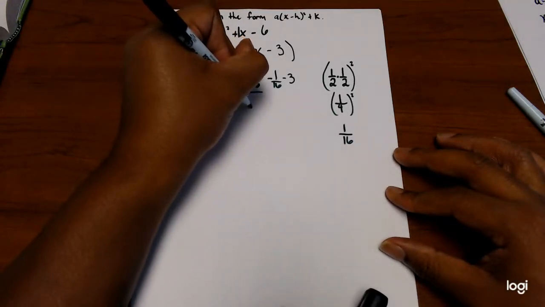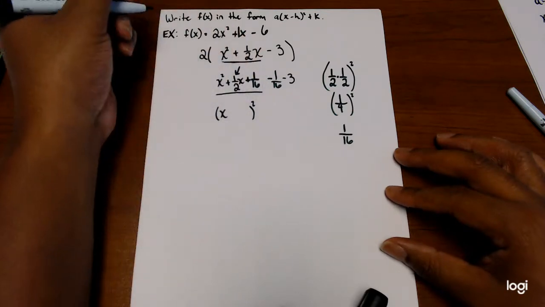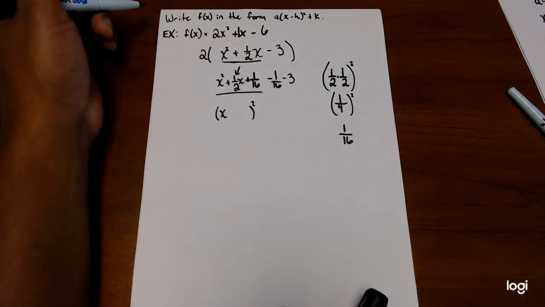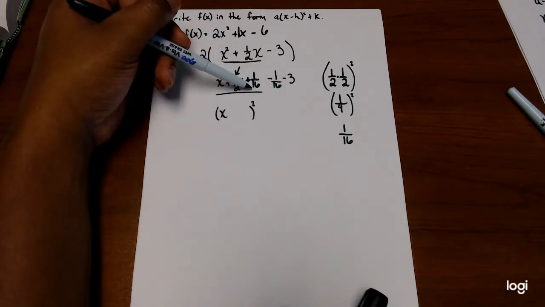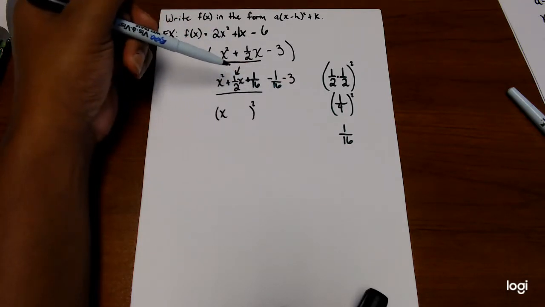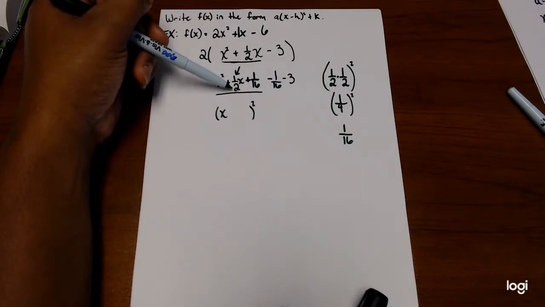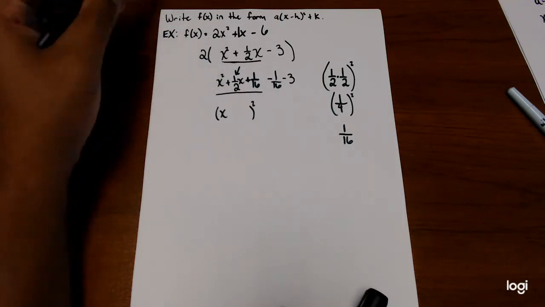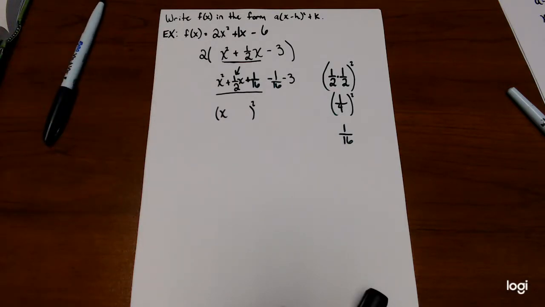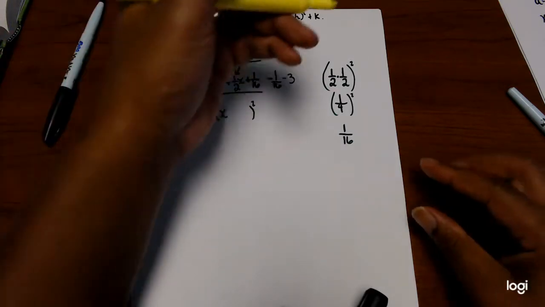So I'm going to have something of the form x plus or minus something, squared. So I need to think of a number such that when I square it, I get 1/16, and when I multiply it by 2, I get 1/2. Well, don't think too long. Remember what I told you in the last example.